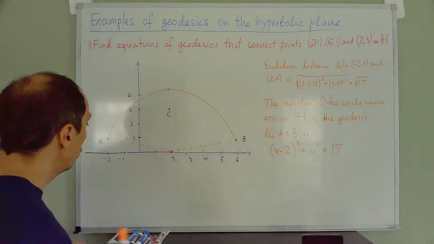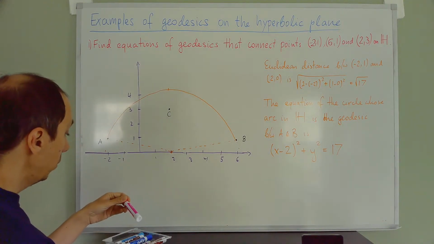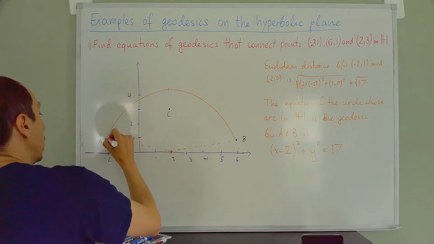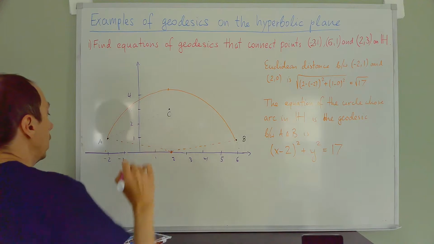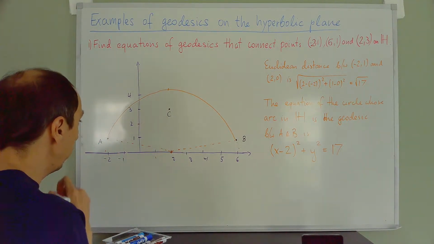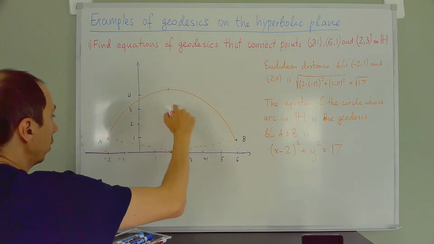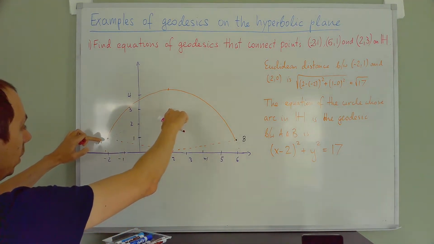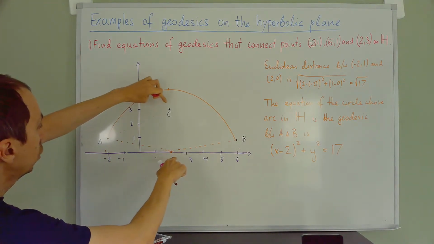Now let's move on to the other points. Let me use a different color for that. If I connect the points A and C, I'm going to be looking for the point of intersection of a perpendicular bisector with the x-axis. The points are -2, 1 and 2, 3.